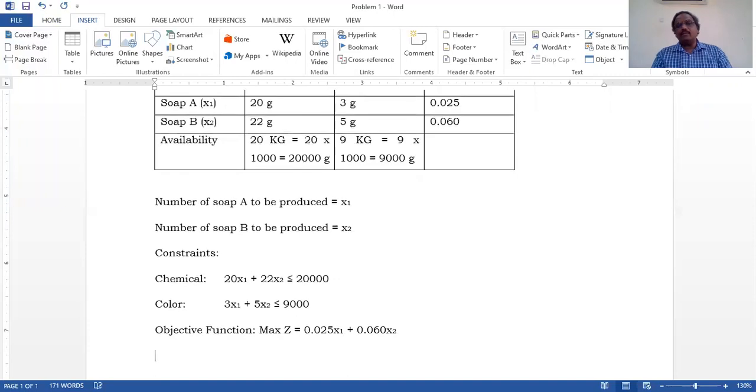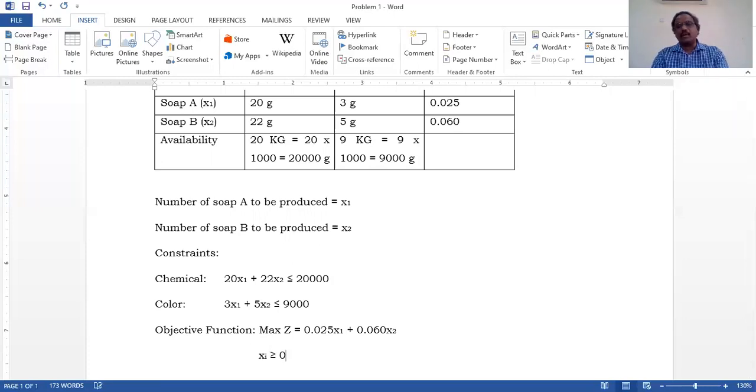So finally, we have to complete with the alternatives. What is the meaning of alternative? What are all the values available in this? All the x values should be greater than or equal to 0, because we are using the number of products to be produced, isn't it?